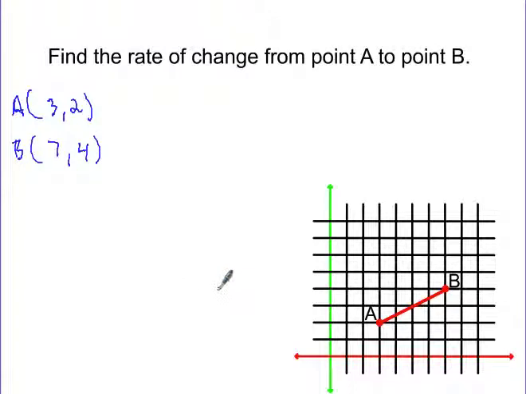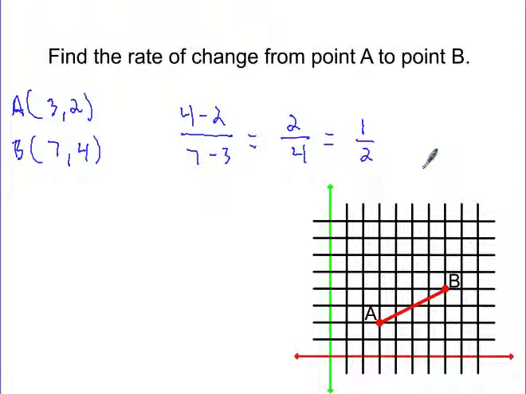Okay, now I have the ordered pairs, so I can find the rate of change. It would be 4 minus 2 over 7 minus 3. 4 minus 2 is 2. 7 minus 3 is 4. And then simplify: 1/2 is the rate of change. Okay, and leave it as a fraction. Do not write it as a decimal.